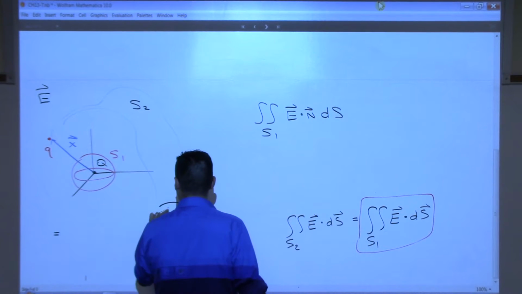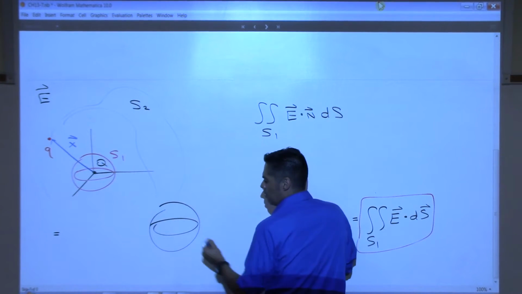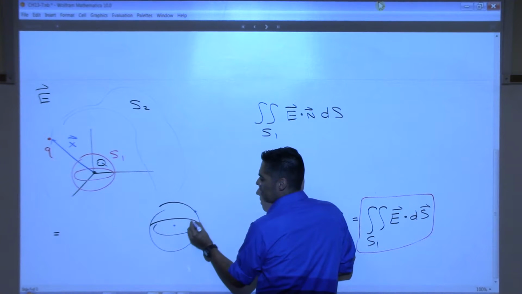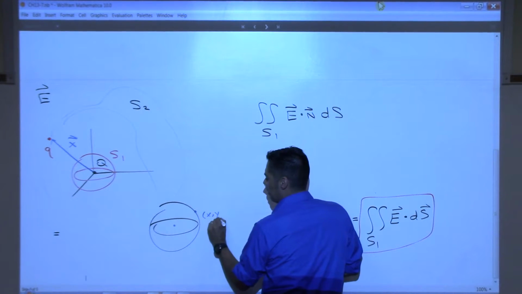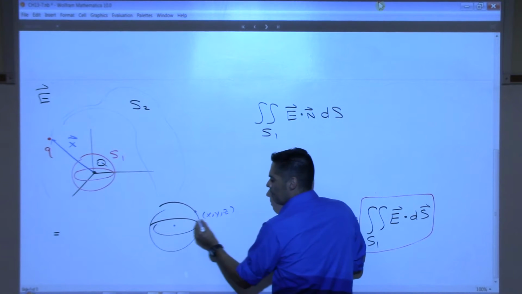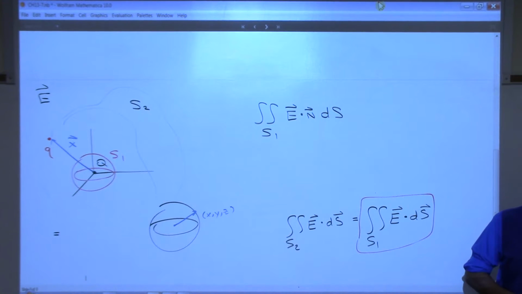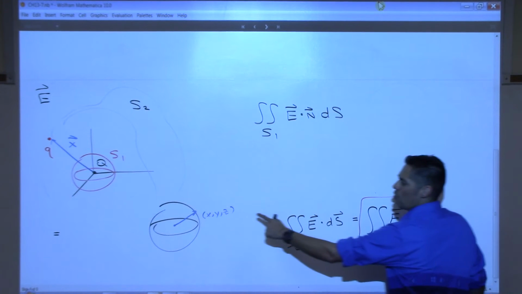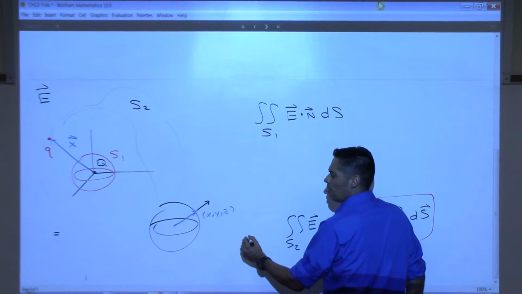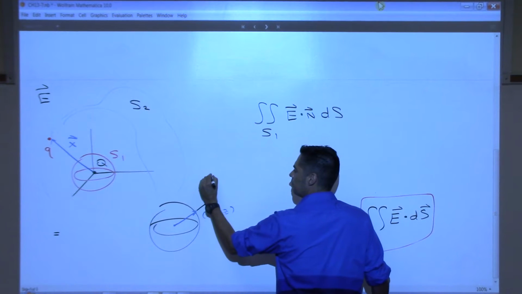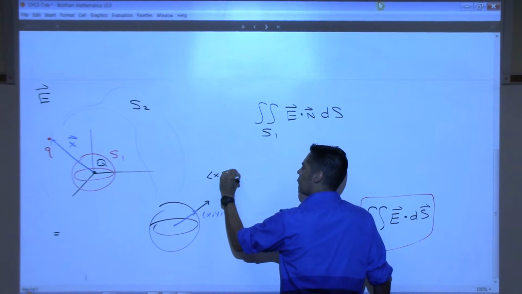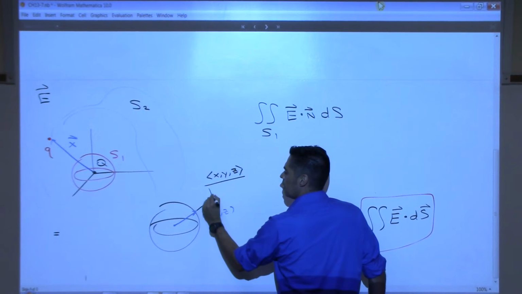If you give me a sphere, and here's the origin, if you pick any point out there, of course that point has the coordinates x, y, z, but the vector that goes there from the origin to that point is parallel to the normal vector at that point, isn't it? It points in the same direction. It just doesn't have a unit length, right? So if I wanted to come up with the normal vector, which would be sticking out of here like that with unit length, I would take this vector and divide it by its own length, right?